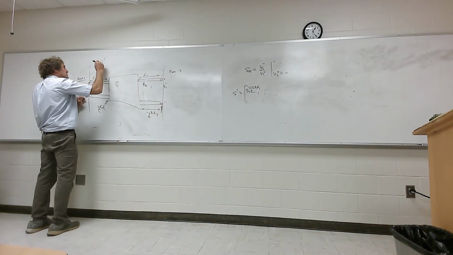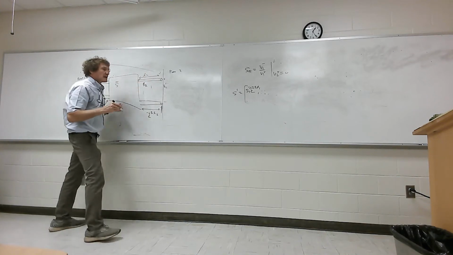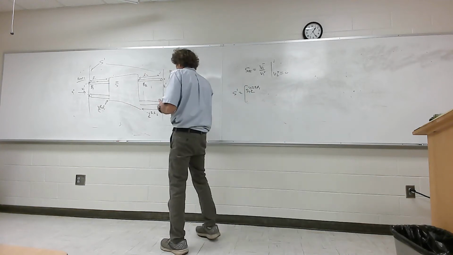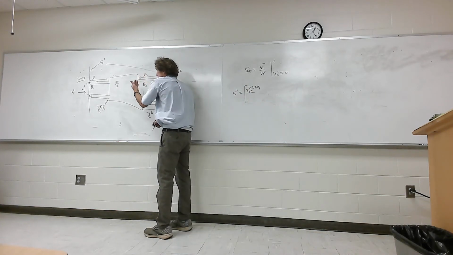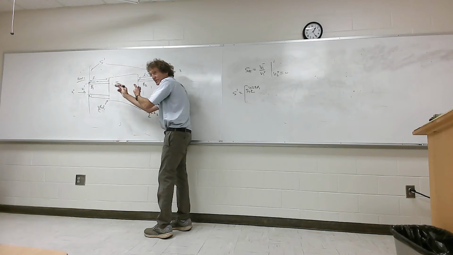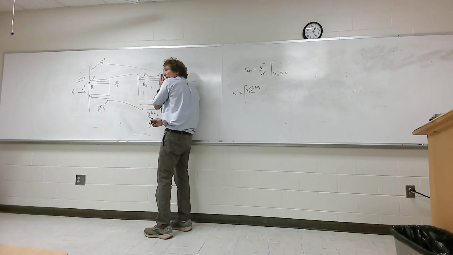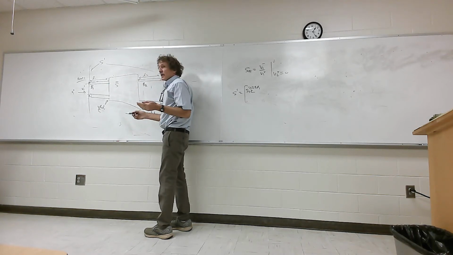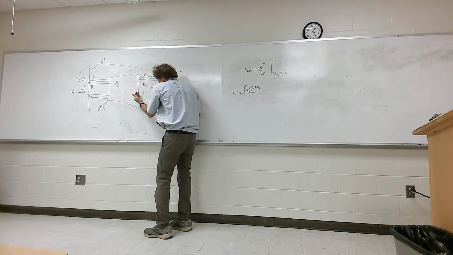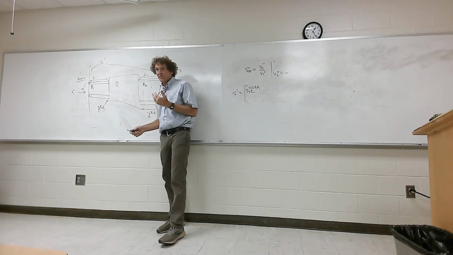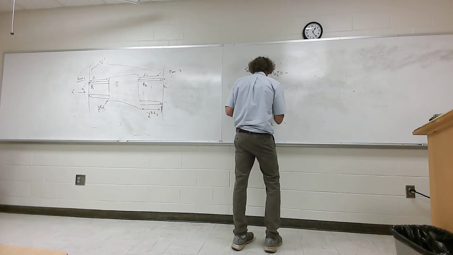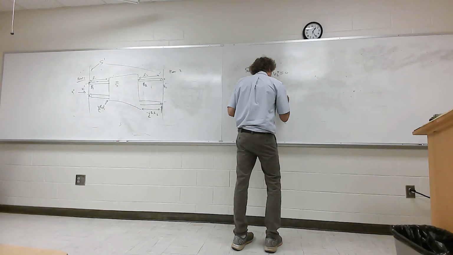I'm going to call that the S prime region, from here to here. And if you think about it also, when I'm looking here, if I was right there, it would just be S22 if I was looking with a match. But because the wave is going to have a phase shift from the time it enters here of e to the minus j beta 2 L2, and another phase change by the time it gets back from reflecting, you're going to have S22, the original S22, times e to the minus j 2 beta 2 L2.